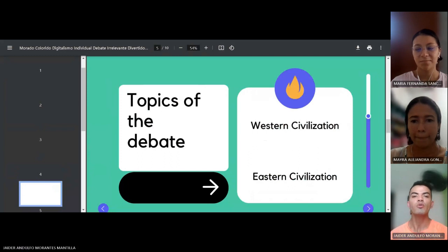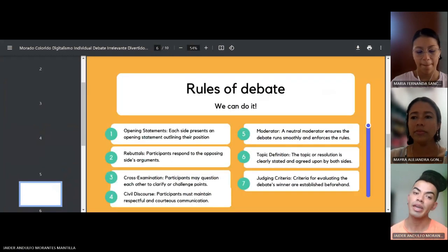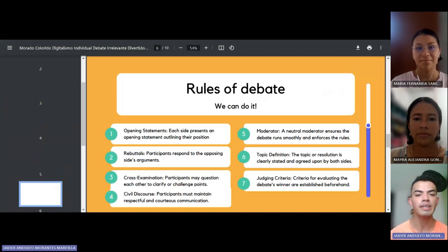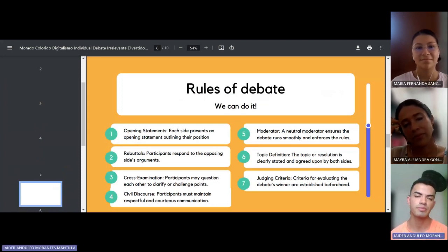Okay. Rules of debate. First one, opening statements. Each side presents an opening statement outlining the position. Rebuttals. Participants respond to the opposing side's arguments. Cross-examination.